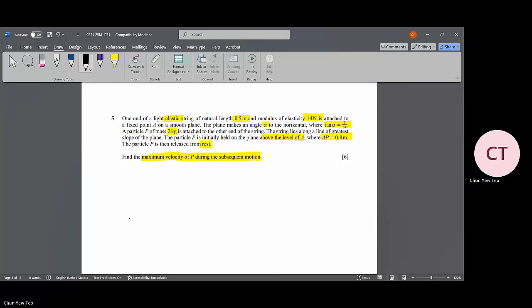Okay, so at first, I think we need to write down tangent alpha first, 7 over 24. Then from the right angle triangle, 7 and 24, by Pythagoras theorem, you can get 25. Now we draw the actual diagram.